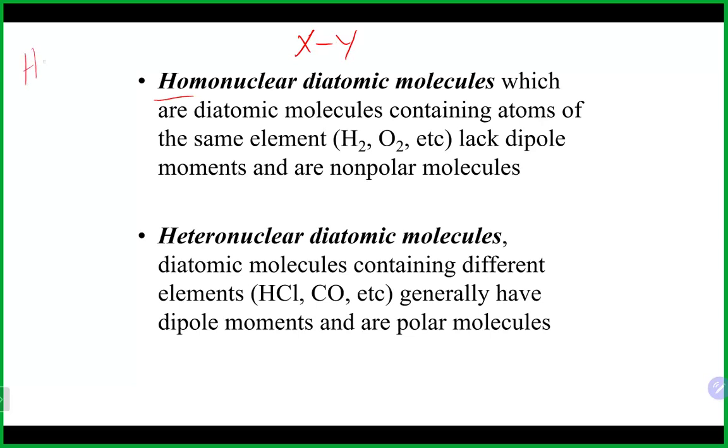So with something like H2, the difference in electronegativity is 0, since they both have the same electronegativity values. That makes this a nonpolar bond, and because it is the only bond present in this molecule, it will also be a nonpolar molecule.